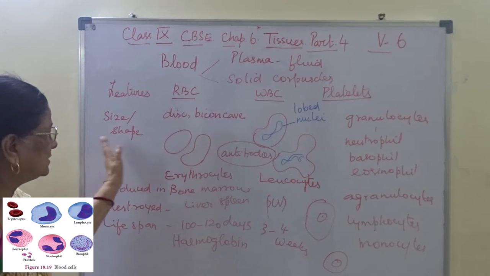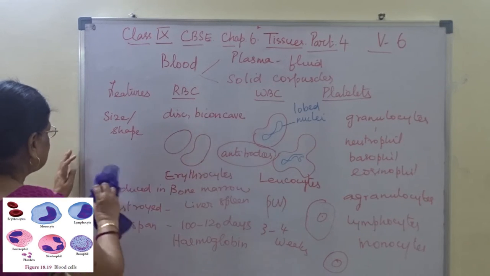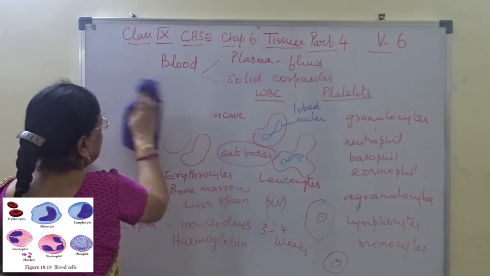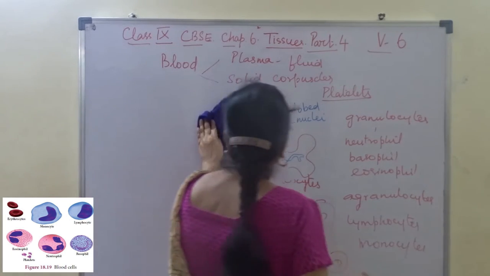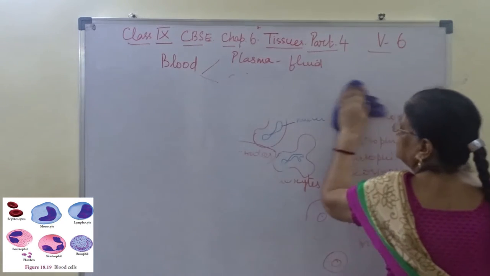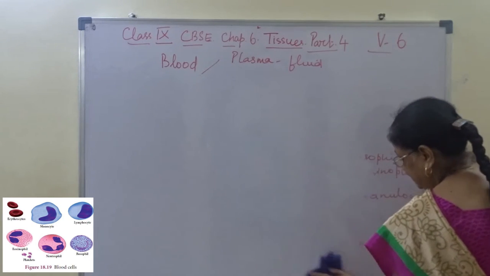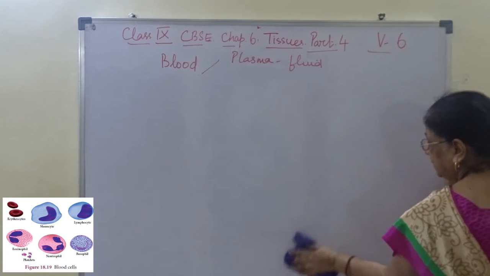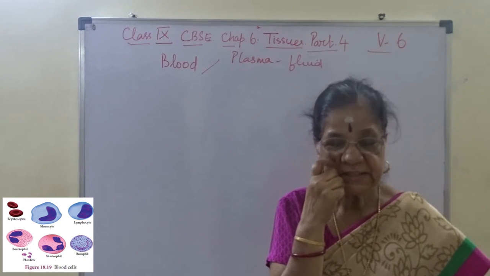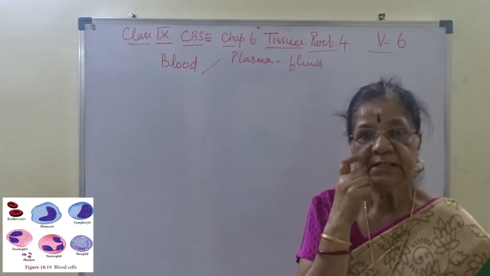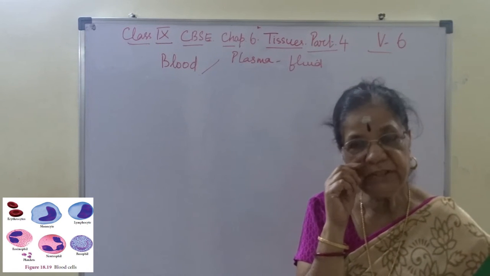Okay, and then this is the description. Blood plasma is a fluid part having many substances such as glucose, amino acids, serum albumin, serum globulin, the plasma protein, and fibrinogen.